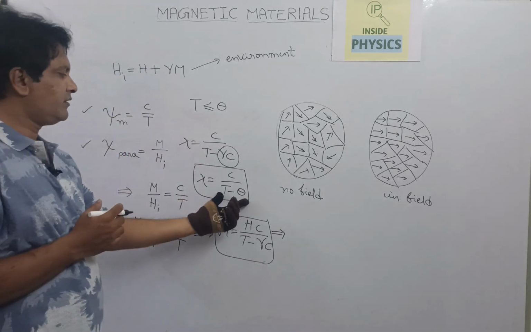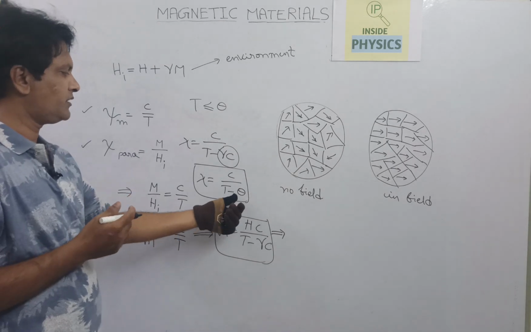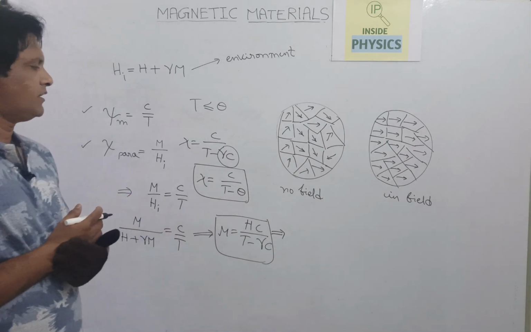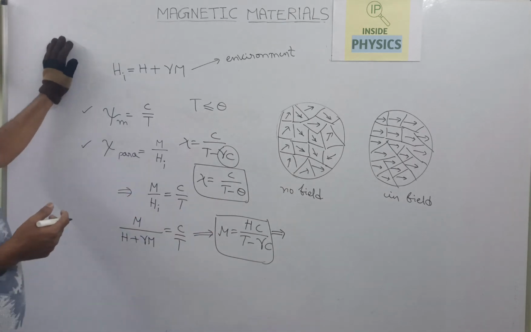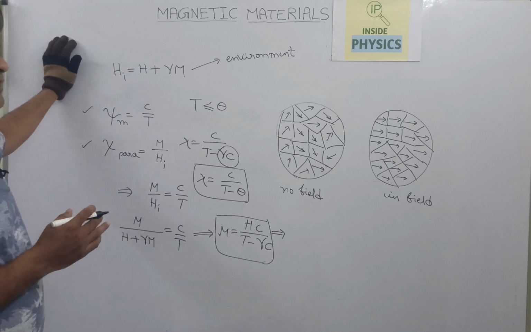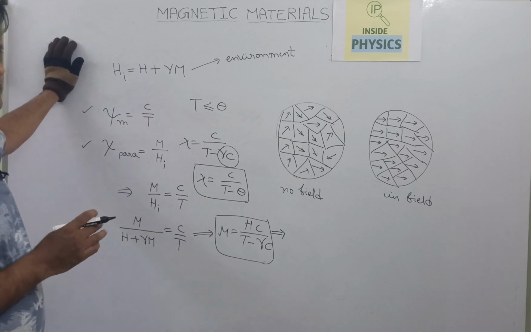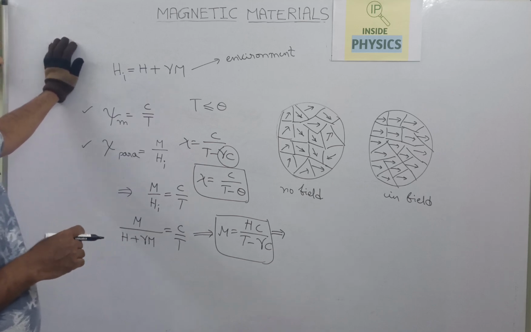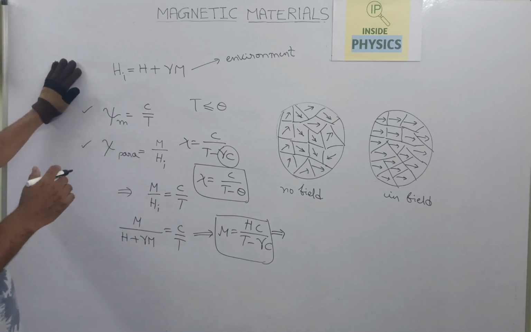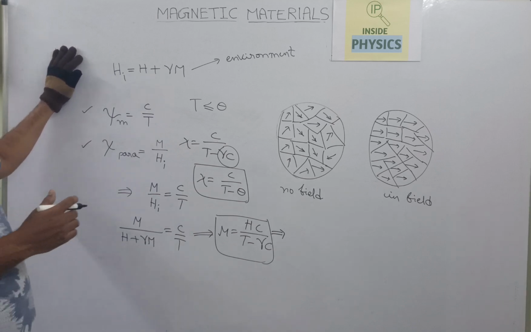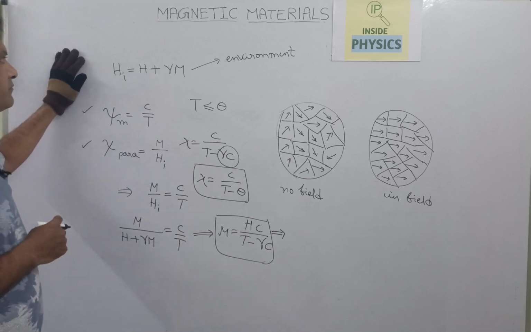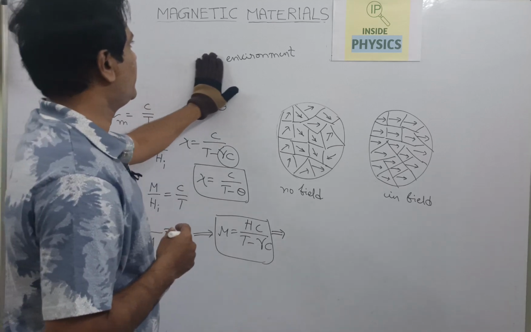Even in the absence of an external field, there will be a non-vanishing magnetization inside the magnetic material. These are the relations when we consider ferromagnetism on the basis of domain theory.